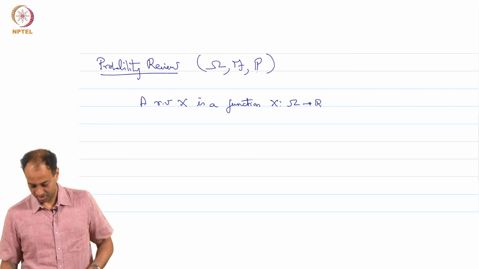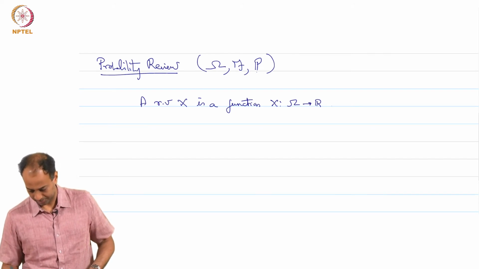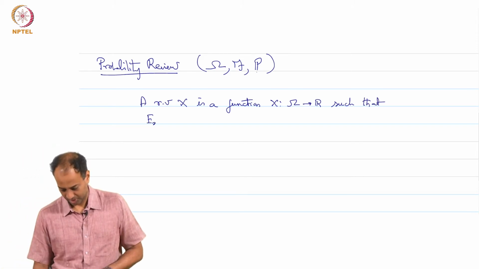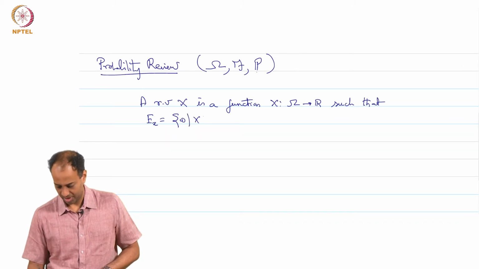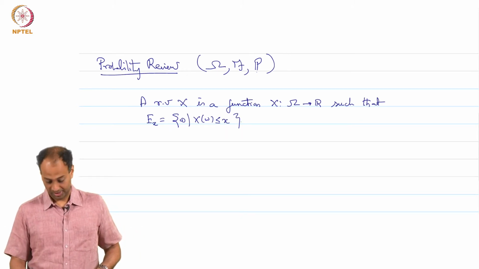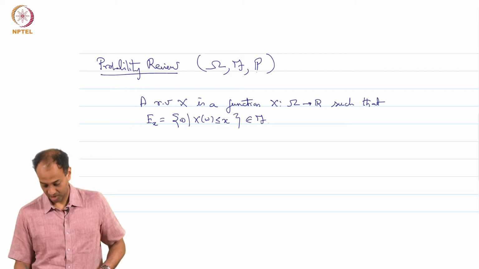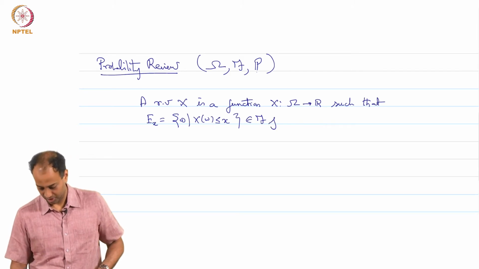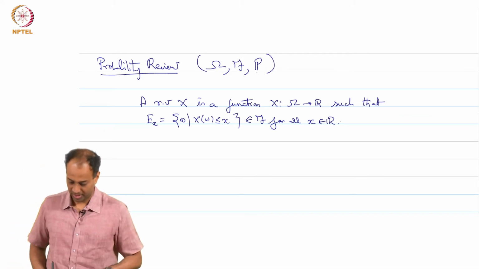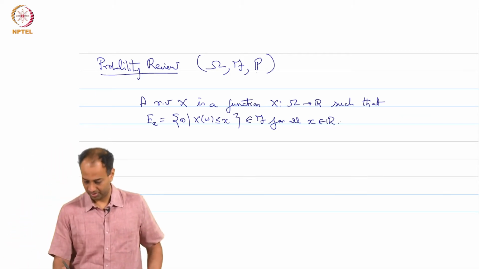A random variable is a function from omega to R such that if you look at those omegas which map to less than or equal to little x, these have to be events, for all real x. Okay. This is the definition of a random variable.